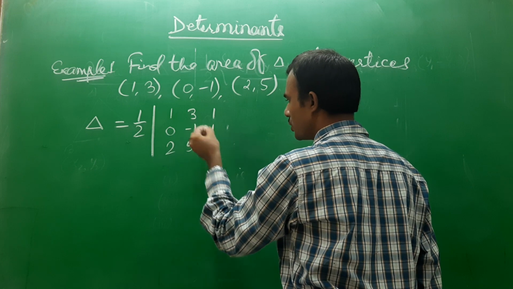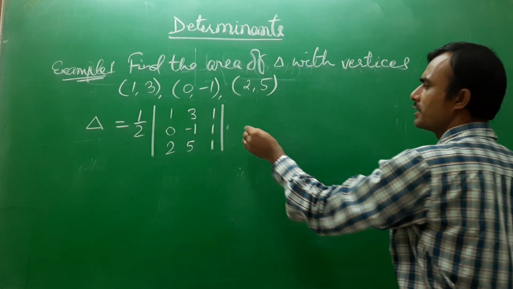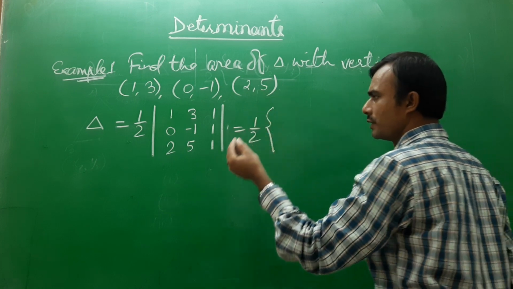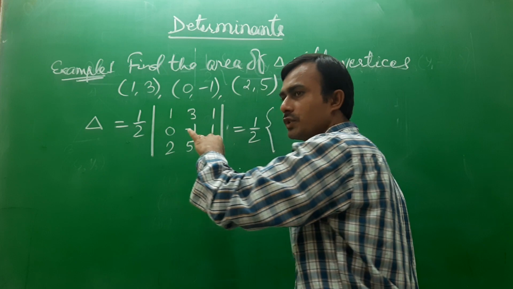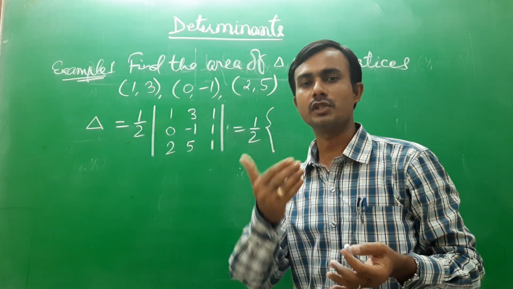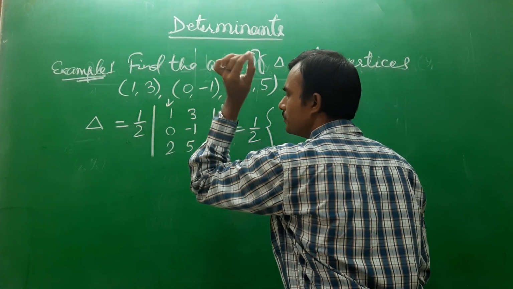Then in the last column 1, 1, 1. Now simplify. Directly also we can simplify. Half. Just try to select the row or column in which you have 0. Here I am using the first column.